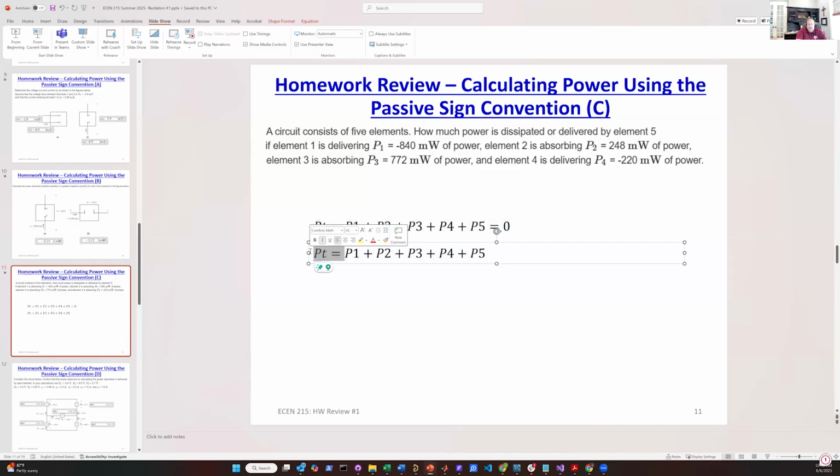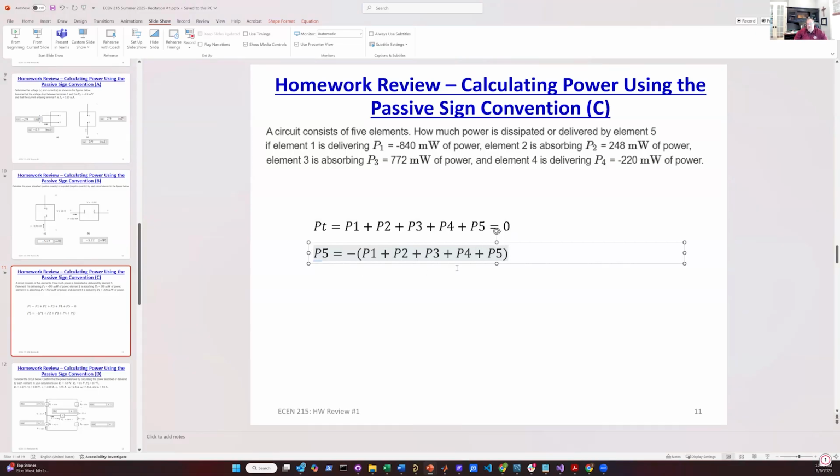So now we can resolve this for P5, which is going to be minus the total sum, because we're looking for minus P1, minus P2, and so on and so forth. So just minus times P1 plus P2 plus P3 plus P4.